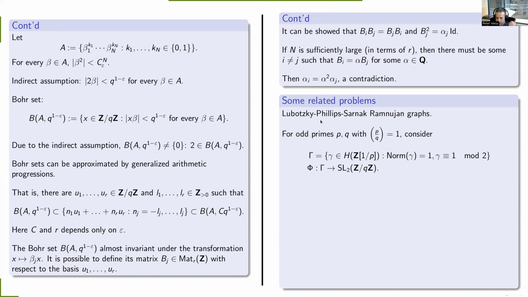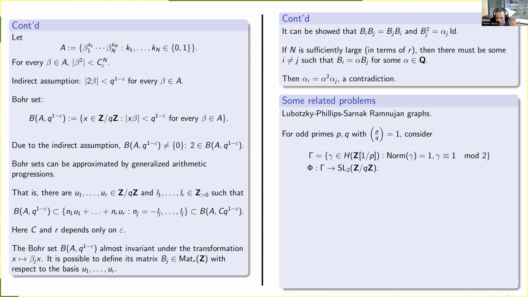So these graphs are given by, you need to choose 2 primes, P and Q. P is a small prime, Q is a large prime, and P is a square modulo Q. And a condition that I didn't state here is that P has to be congruent to 1 modulo 4. And then they define a certain graph, and you can ask the question, what is the diameter of this graph?